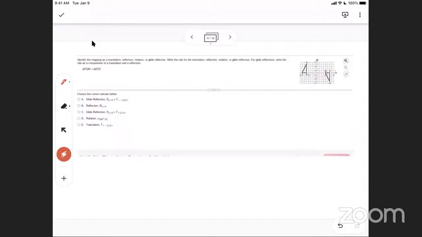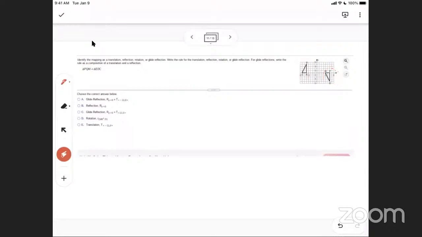Am I starting from the one on the left or the one on the right? Which one is my pre-image? Oh, the pre-image is the positive ones. That's right. It's the one on the right. Yeah, because do you see it over here? That's P right there.